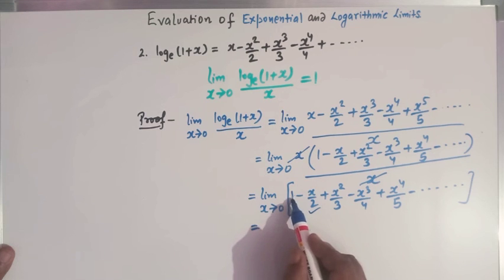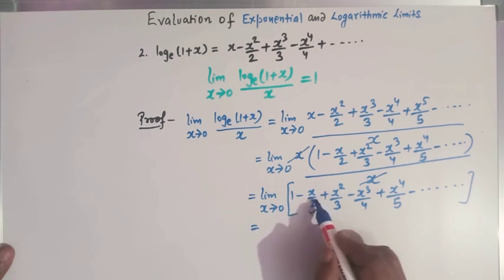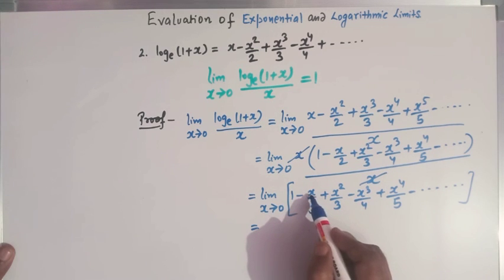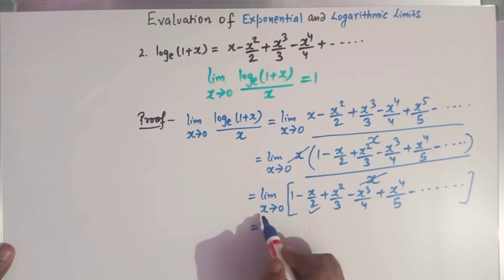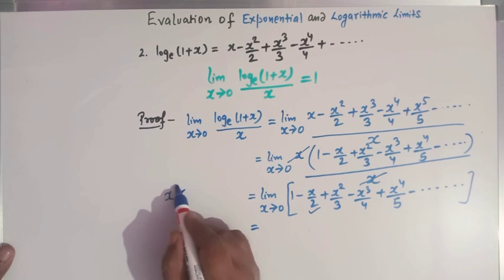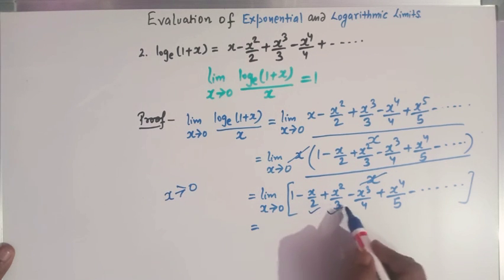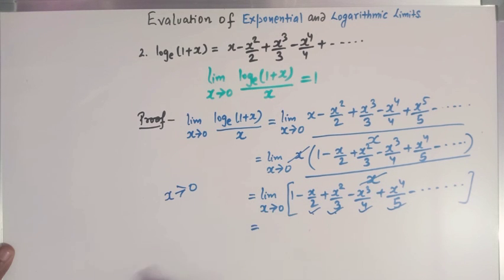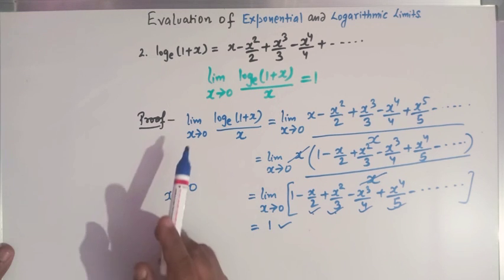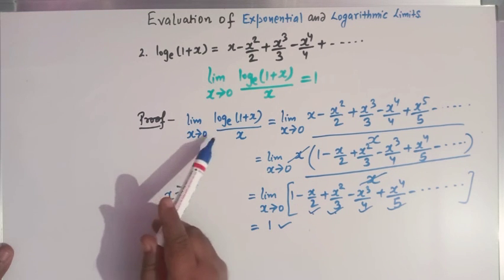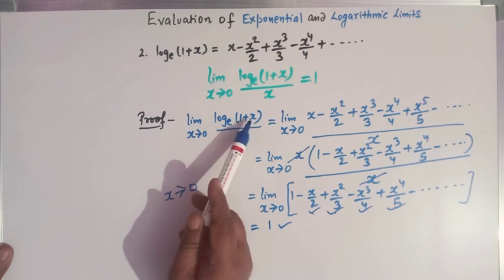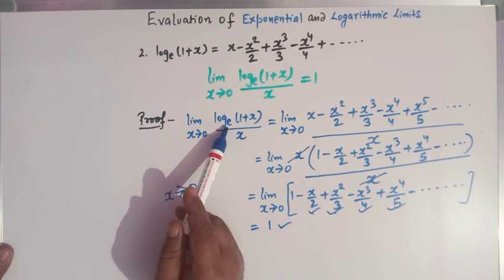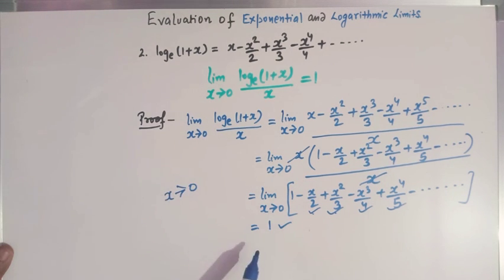So the first term is free from x, and the remaining terms contain x. Now when x tends to 0, all these terms become 0, so we are left with only 1, right? So therefore we have seen that limit x tends to 0 of log of 1 plus x divided by x is equal to 1.